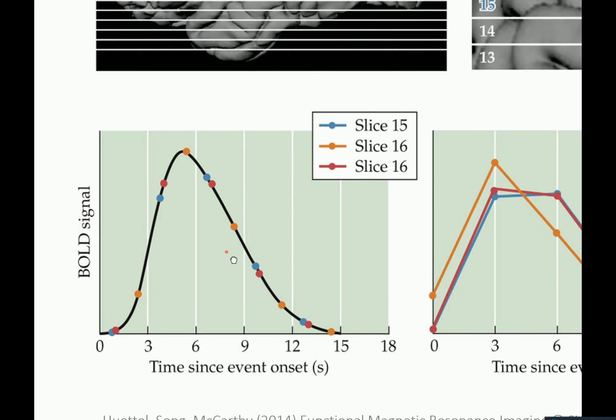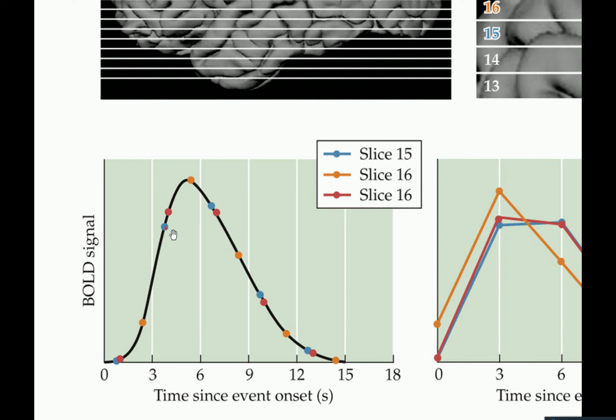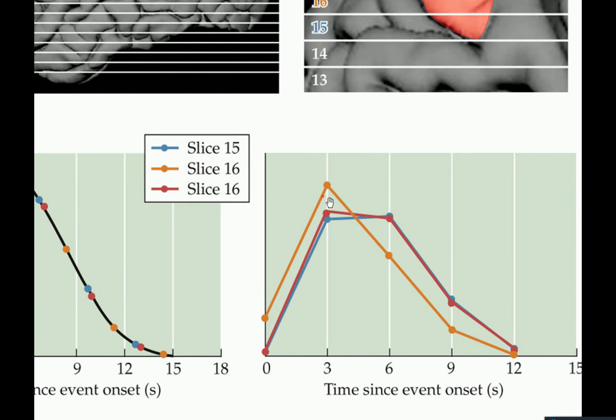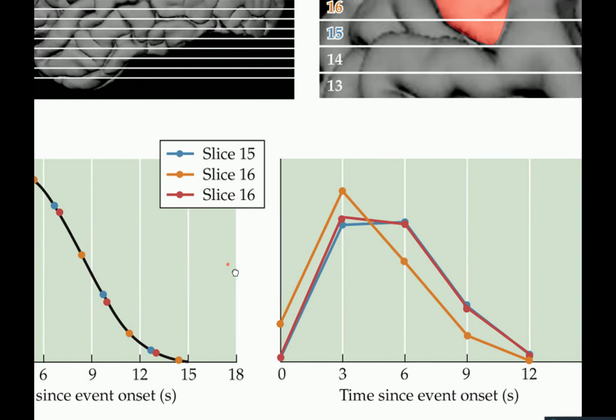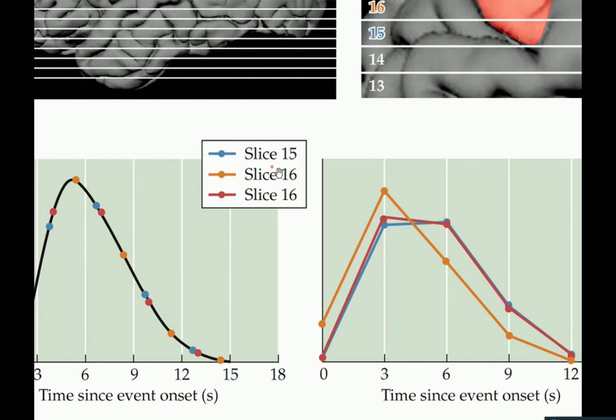And this then holds if you do this again. So slice 15 and slice 17 always have kind of the same values. Slice 16, which is in between, has different values because in time it's always later than slice 15 and slice 17. Yeah?